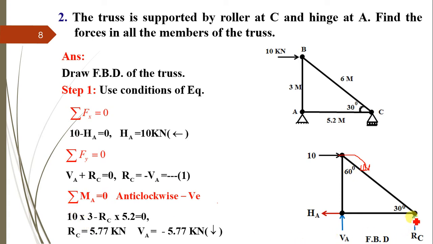Then RC, a vertical force, with perpendicular horizontal distance 5.2, and the nature of moment is anticlockwise, so minus. Solving this, RC is 5.77 and therefore VA equals minus 5.77. So by applying the condition of equilibrium to the whole truss, we get the 3 unknown reactions.